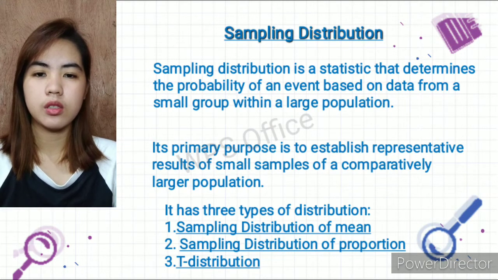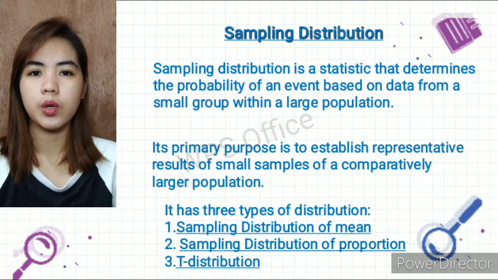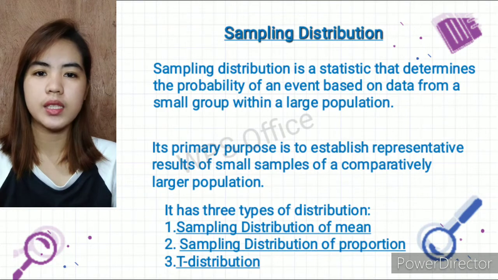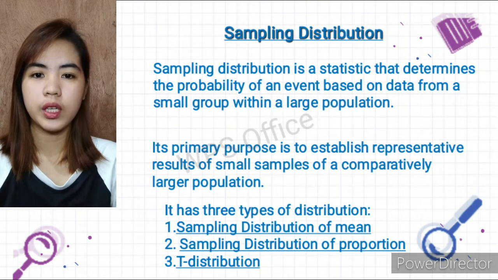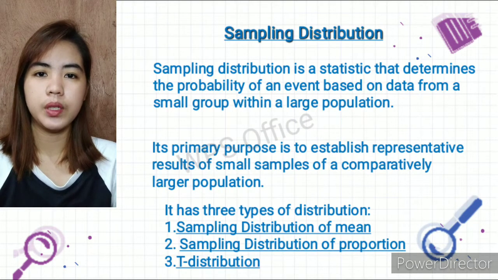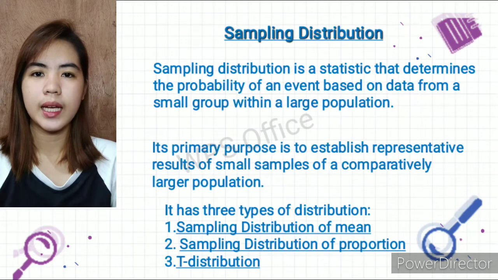It also depends on multiple factors, such as statistic, sample size, sampling process, and the overall population. It is used to help calculate statistics such as means, ranges, variances, and standard deviations for the given sample. Sampling distribution has three types of distribution. First is the sampling distribution of mean, second is the sampling distribution of proportion, and third is the t-distribution.